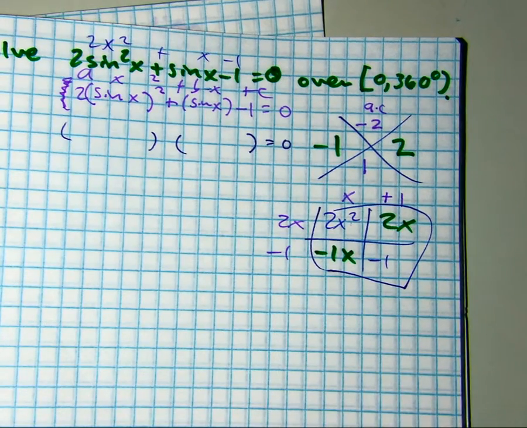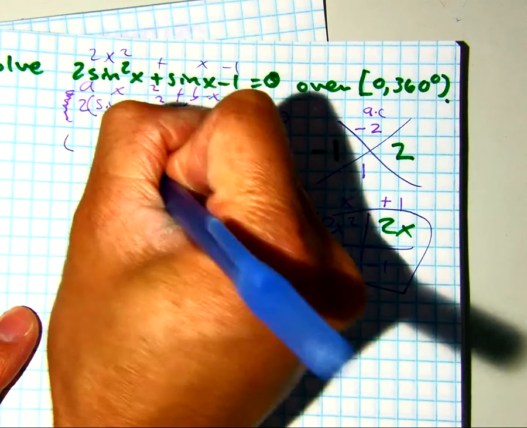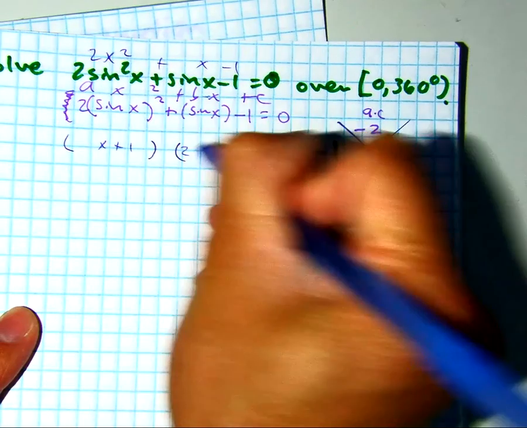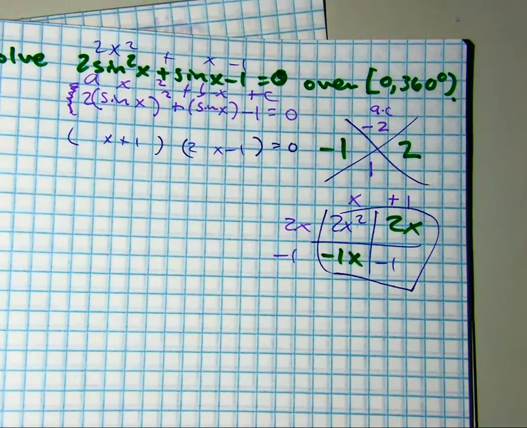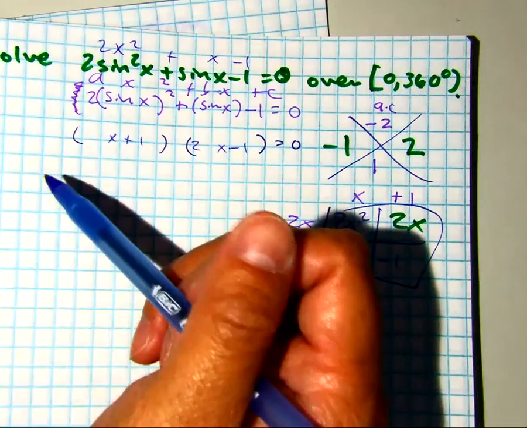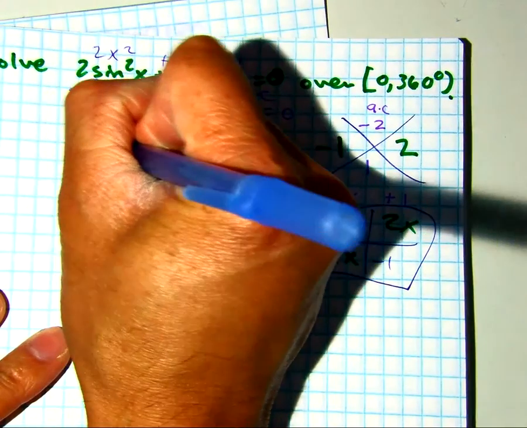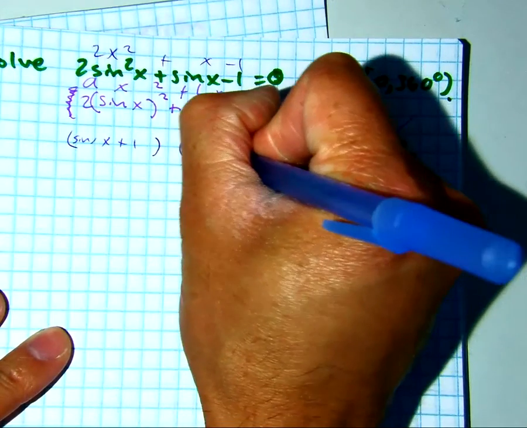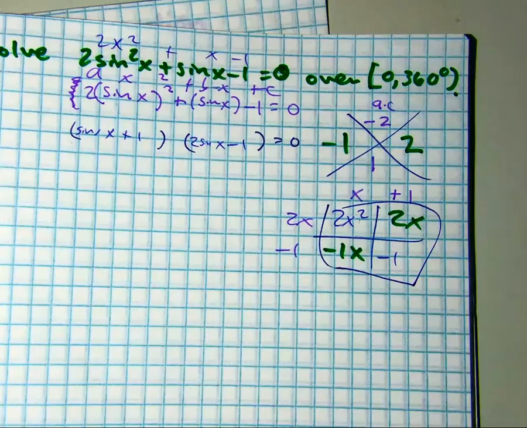Leslie, what would I write in my binomials? X plus 1 and 2x minus 1. So 2 sine x minus 1 and sine x plus 1 equals 0.